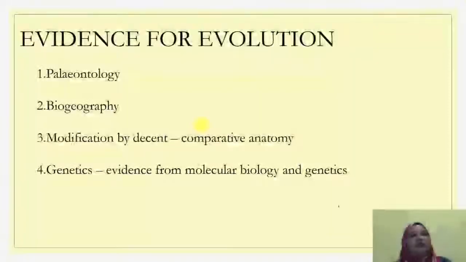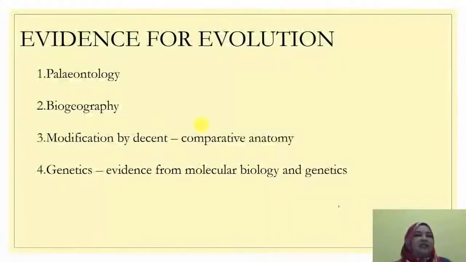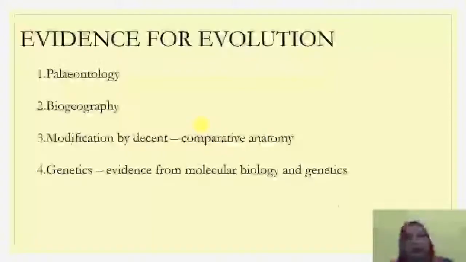And then we also looked at genetics as evidence of evolution, where we look at similarities in DNA structures. The more similar an organism is, the more closely related they are. We also look at mitochondrial DNA as well as Y chromosome, the DNA of your Y chromosome, as evidence for evolution.